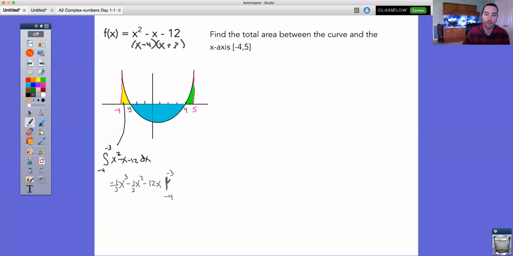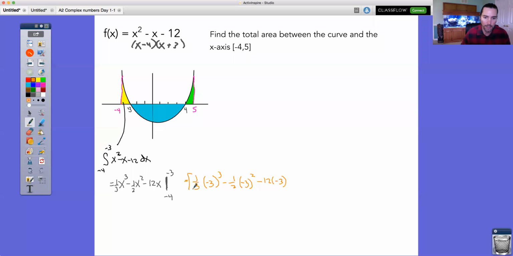Everything in gray is the antiderivative. Now I'm going to evaluate it to try to find the area of everything in yellow. So 1/3 x, the upper limit is -3, cubed, minus 1/2 x, -3 squared, minus 12 times -3.